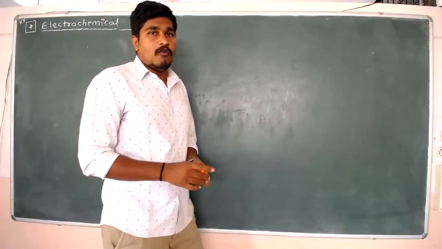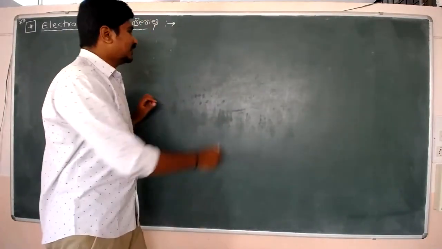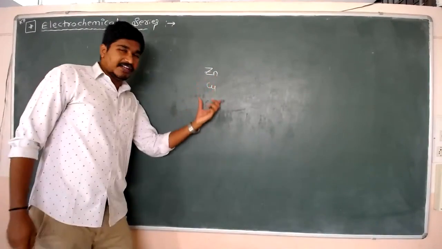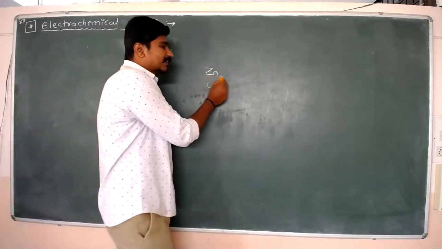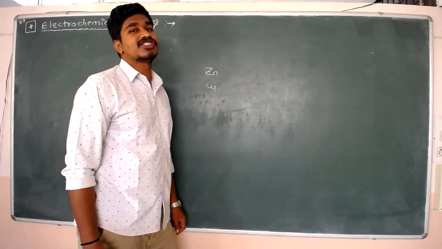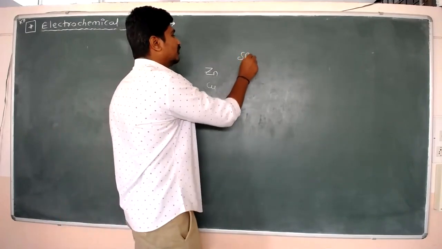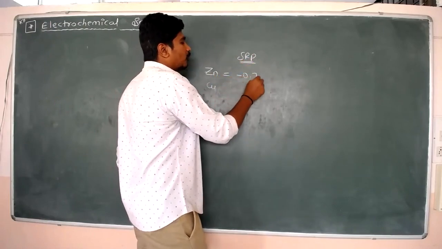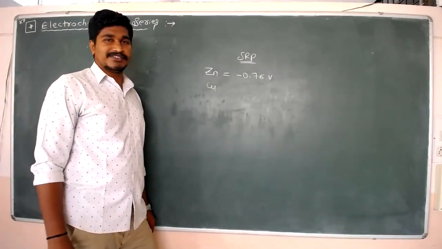We know various elements are present, for example, zinc, copper, etc. A number of various elements are present in the periodic table. These elements have fixed SRP values, that is, standard reduction potential values. For zinc, the SRP value is minus 0.76 volt.